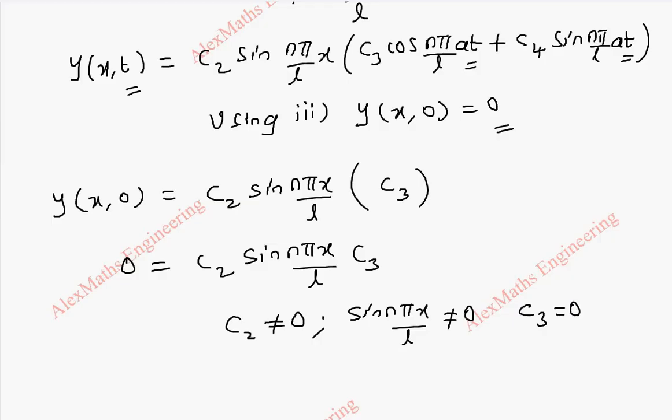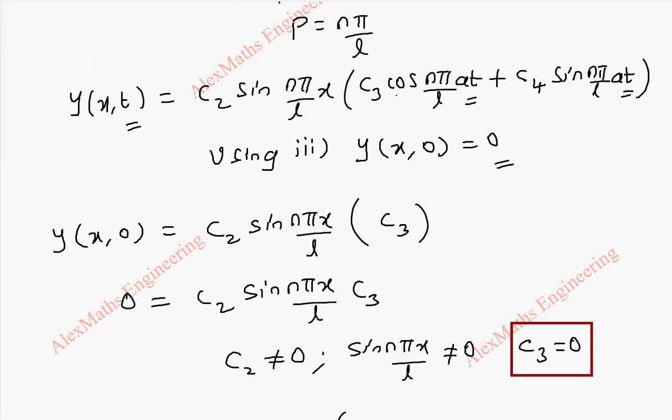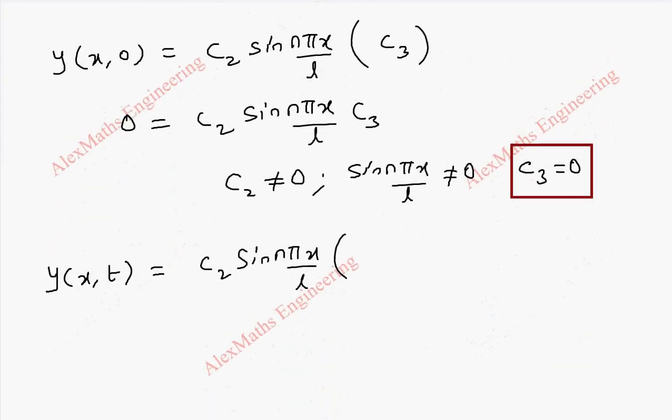So when c3 is 0, we get a solution, that is y of x comma t equal to c2 sin n pi x by l into c3 is 0. When c3 is 0 here, this term won't be there. Then we have c4 into sin n pi at by l.